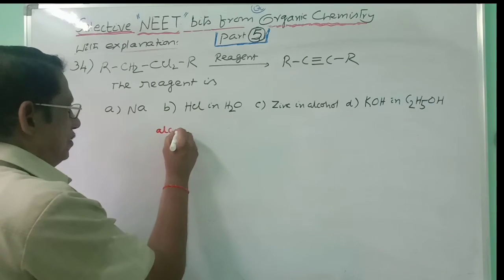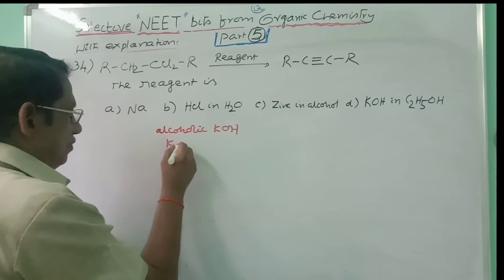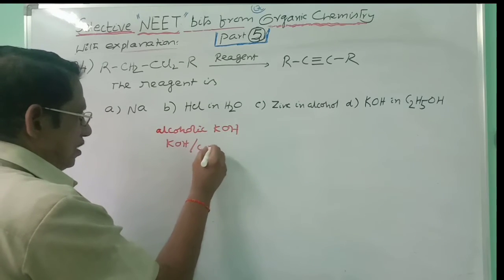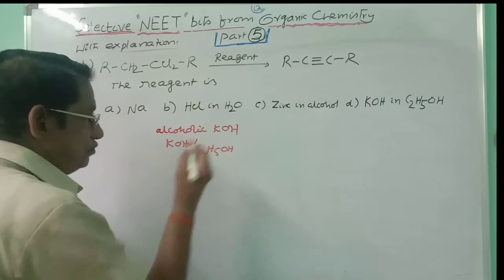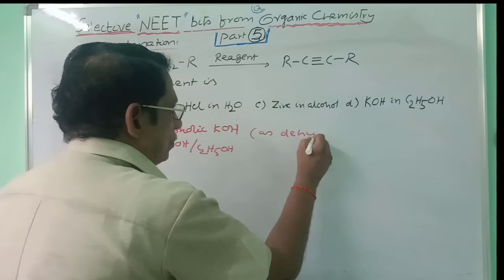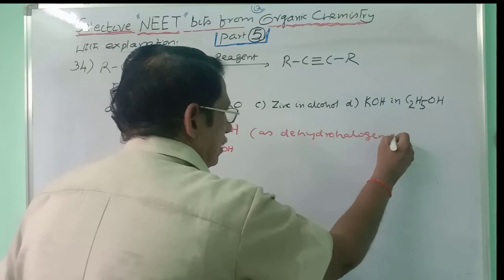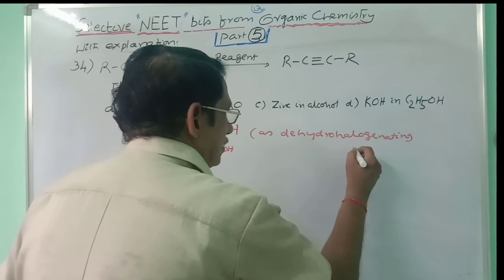You will write here alcoholic KOH. That means KOH dissolved in ethyl alcohol. This is used as a dehydrohalogenating agent.